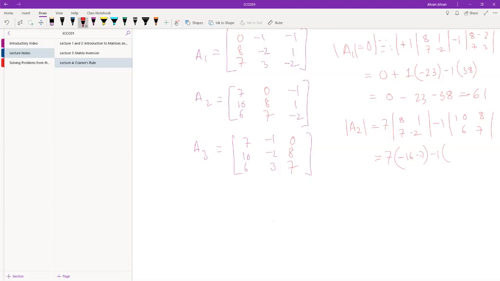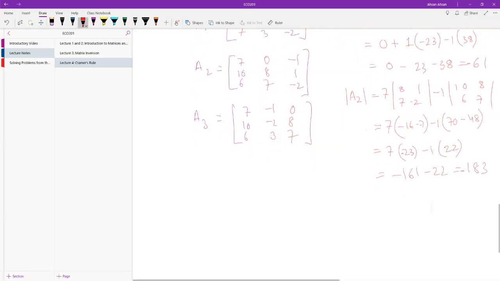Plus 1, we get 70 minus 48. So what do we have here? 7 times 23, minus 23 minus 1, 22. So we get minus 183.